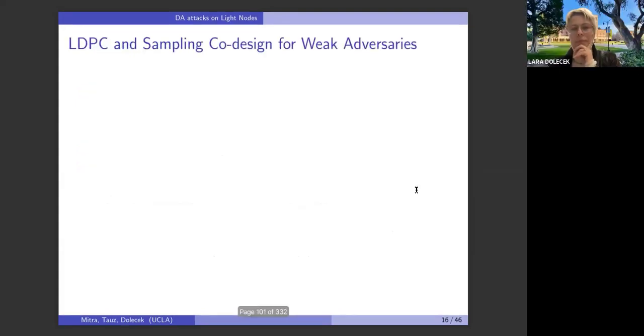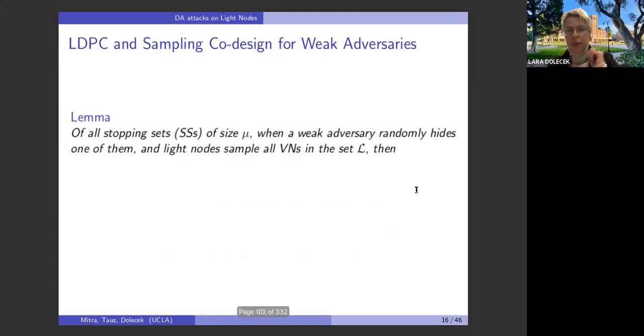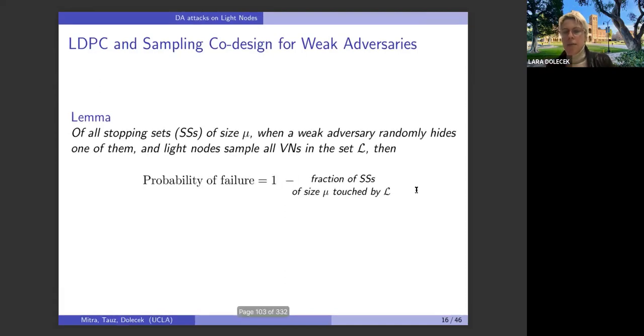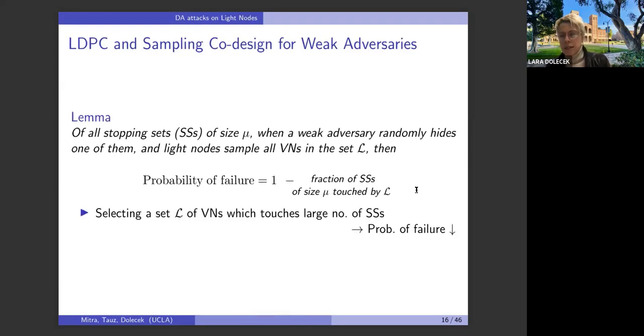All right, so let's discuss the first case, which is the case of the weak adversaries. The goal is to do the co-design of the LDPC code and the sampling strategy. We have a first theoretical result: of all stopping sets of size mu, when a weak adversary randomly hides one of them, and a light node samples variable nodes in a given set L, then the probability of failure will be 1 minus the fraction of stopping sets of size mu that are touched by this set L. So what is then the idea?